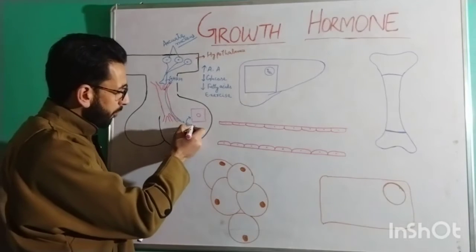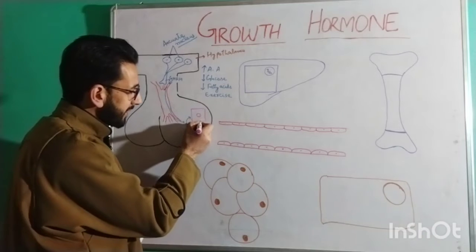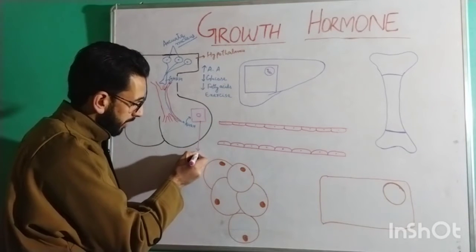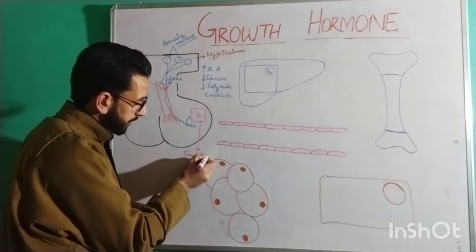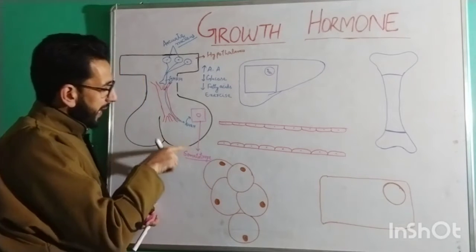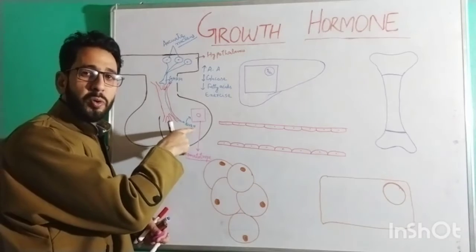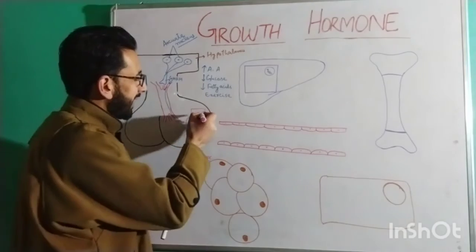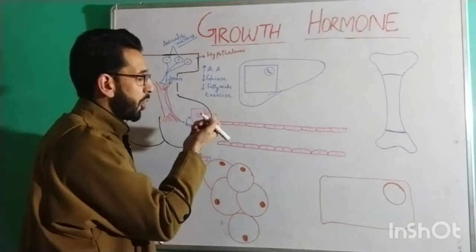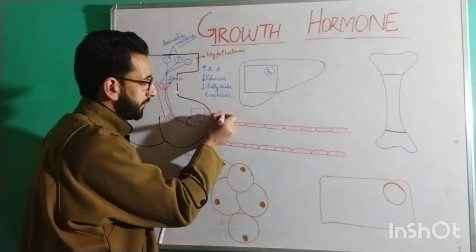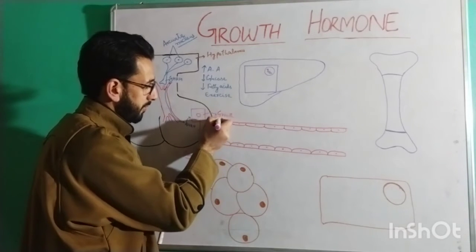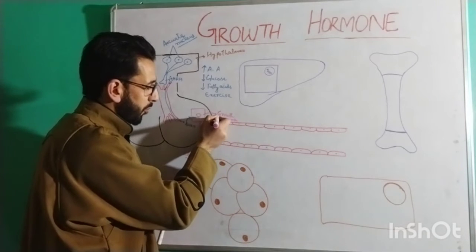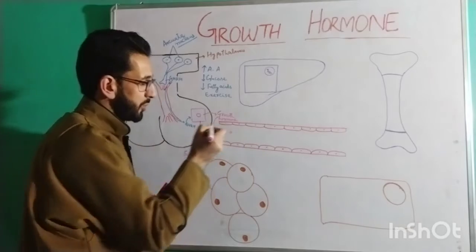Growth hormone releasing hormone acts on this cell, and this cell is called the somatotrope. Once it stimulates this somatotrope, the somatotrope releases a hormone called growth hormone. Now that growth hormone is there in the general circulation.